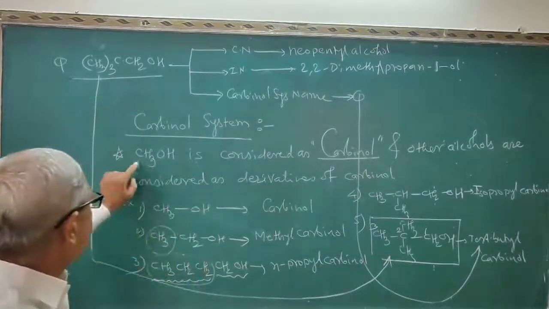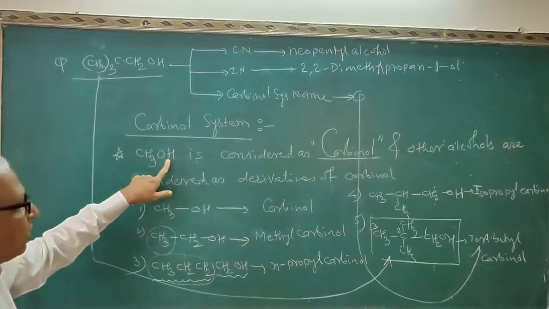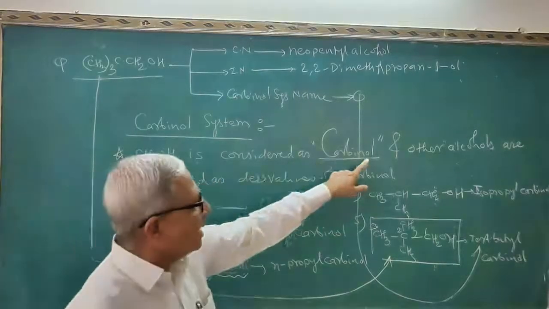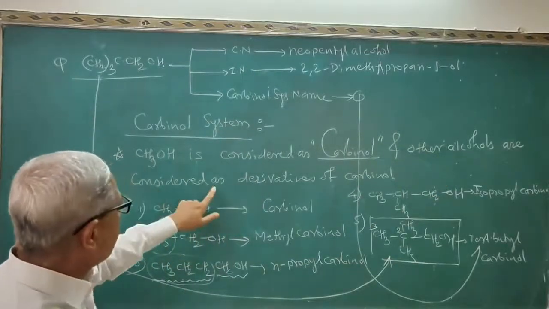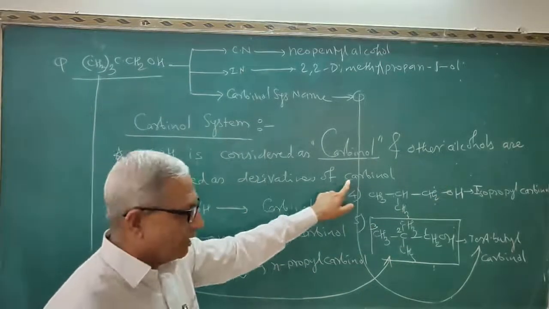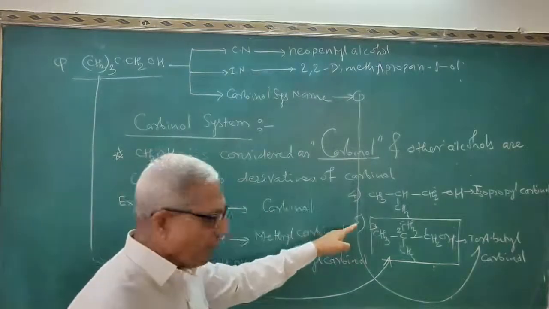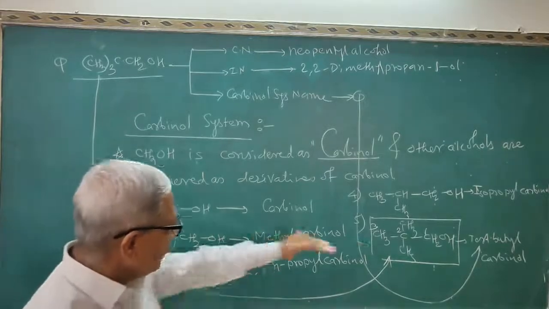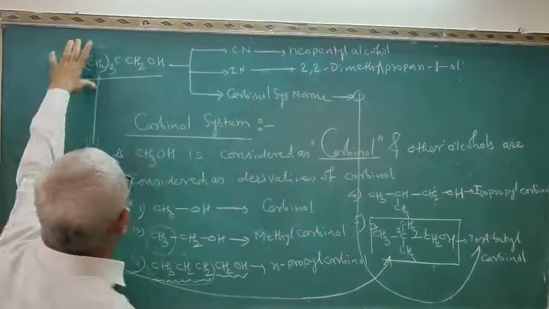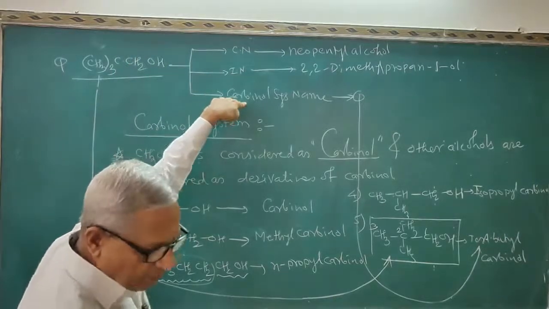The first and most important sentence: CH3OH, that is methyl alcohol, is considered as carbinol, and other alcohols are considered as derivatives of carbinol. The first, second, third, fourth, fifth examples are very important. On the 5 examples, we can take a brief revision of the common system, IUPAC system, and carbinol system.